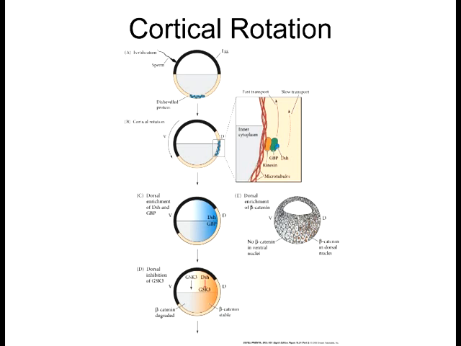So disheveled is found here, but what happens is the outer region of the oocyte shifts exactly 30 degrees. I mean, that's amazing in and of itself, the exactness of it. But always 30 degrees. It'll shift the outer layer, which then pushes this disheveled, which is at the most vegetal pole, to one side.